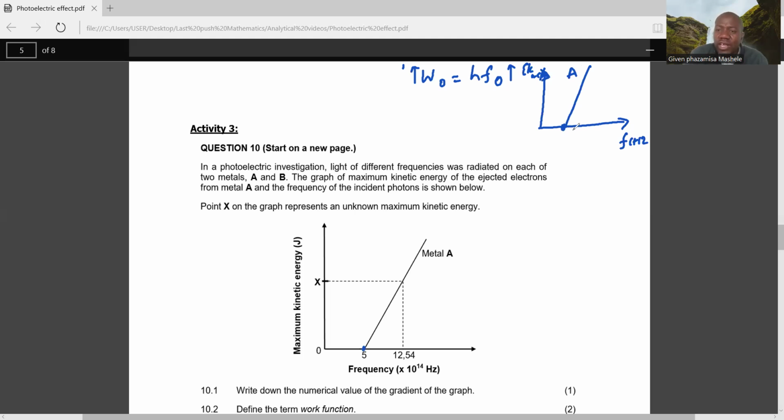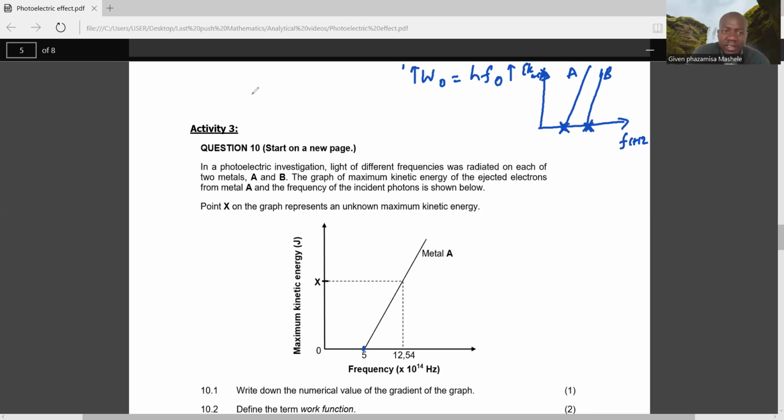So if we increase the cutoff frequency, maybe it's somewhere there, the work function of that metal will actually increase, because the higher the cutoff frequency, the larger the work function. So this one will be for B, because its cutoff frequency is bigger than that of A.